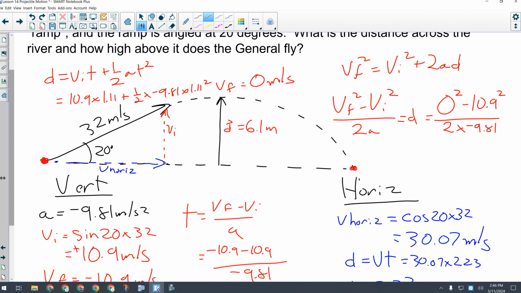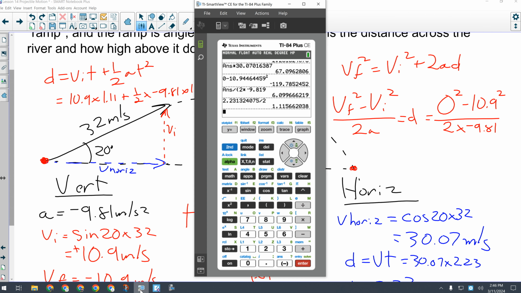Okay, if I punch all that into my calculator, I'm going to get exactly this number here. Okay, so I'll take my 10.9, multiply it by that number, and then add it to 0.5 times negative 9.81, okay, times that number squared.